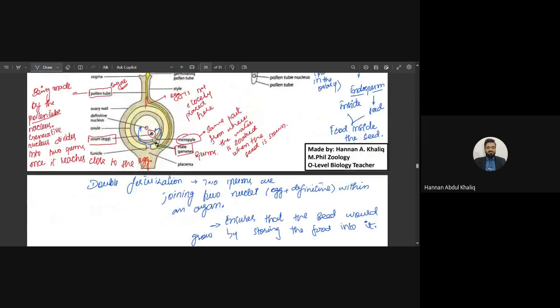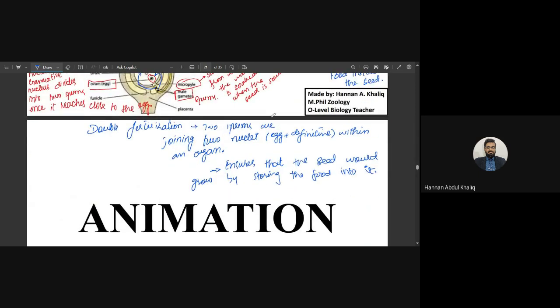So always remember, when you talk about a walnut, a peanut, or an almond, these are not dry fruits. These are seed foods or endosperms that you are eating.